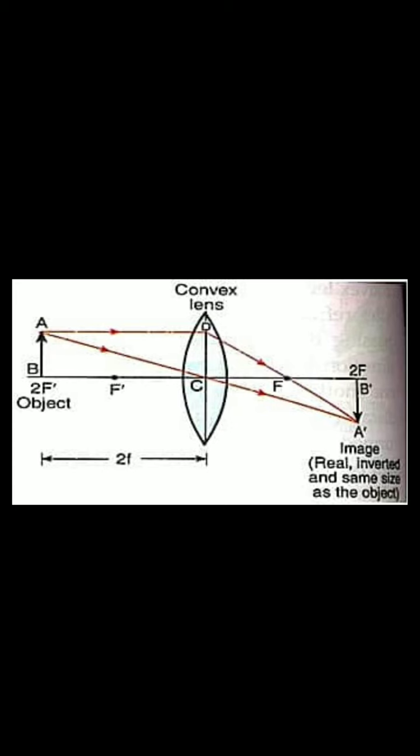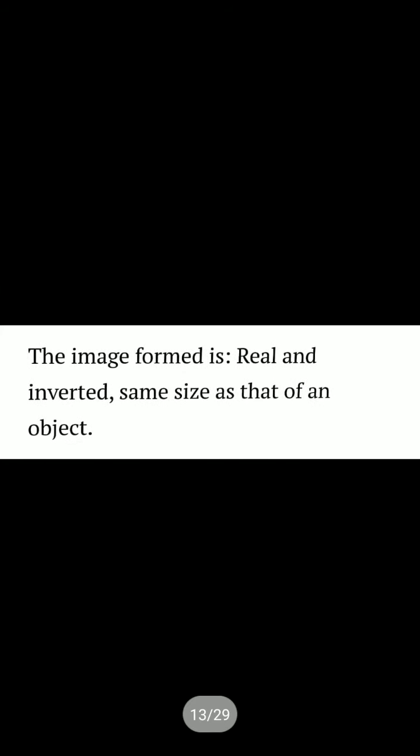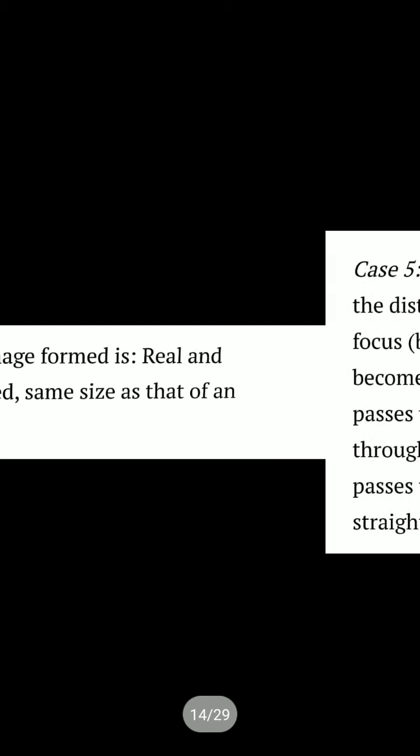If the object is situated at center of curvature, the image is also formed at the center of curvature, and only in that condition the size is also the same. And here also when the object is placed at 2f dash, the image is formed at 2f, and it will be real, inverted and the same size as that of the object. Clear? Okay.